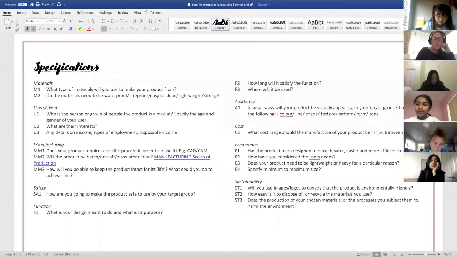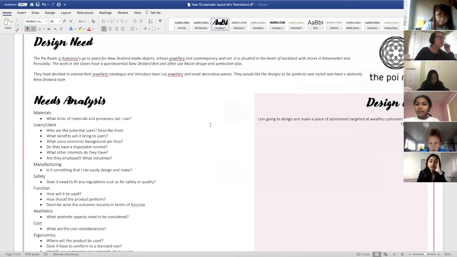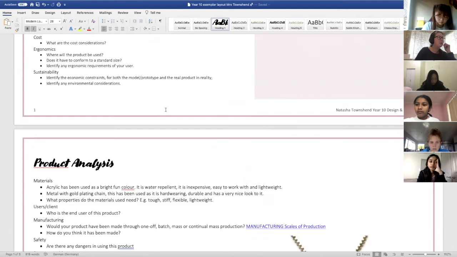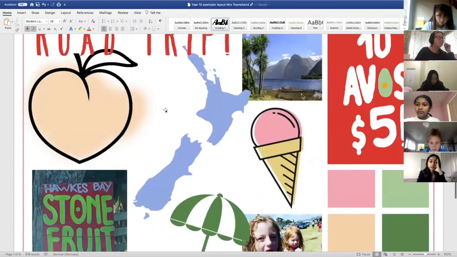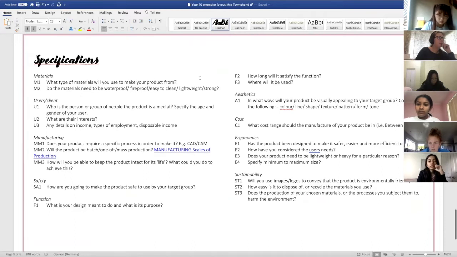Great. And what are the materials? And when we did our needs analysis, we might have discovered this as well. What kind of materials and processes can I use? What type of materials will you use to make your product from?